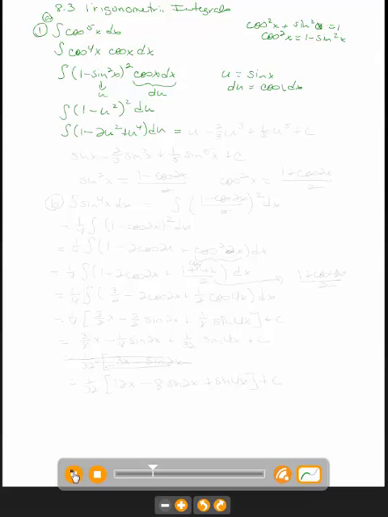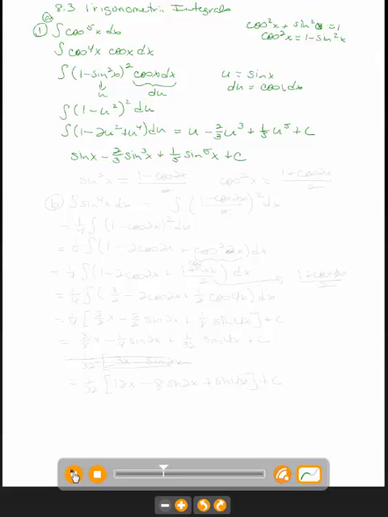And then if I integrate that, I get u minus, raise the power, flip it in front, raise the power, flip it in front, plus a c, but I've got to turn it back into sines. So it turns out to be sine of x minus 2/3 sine cubed of x plus 1/5 sine to the fifth of x plus c.